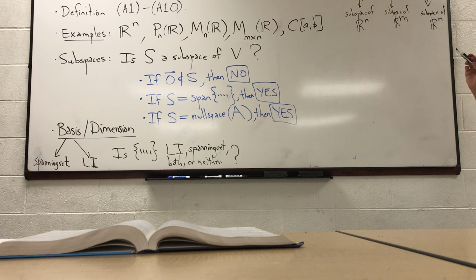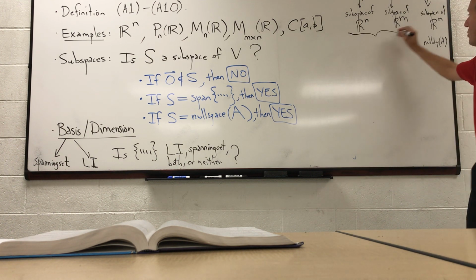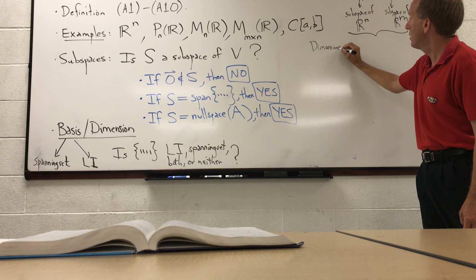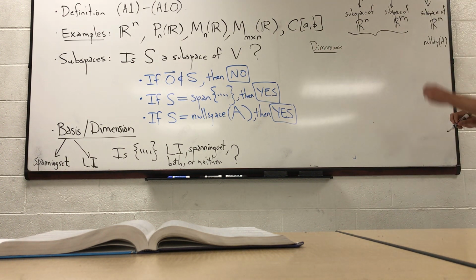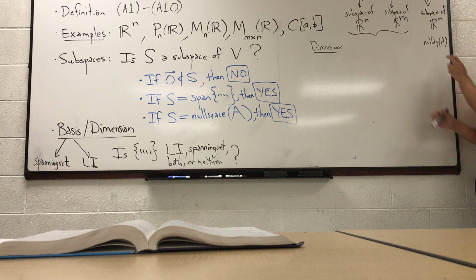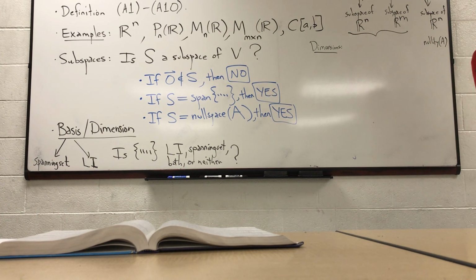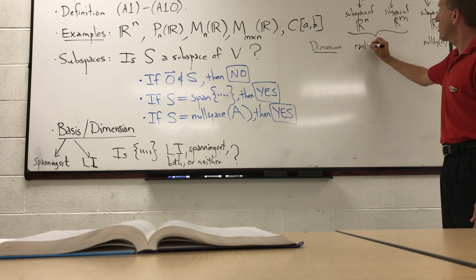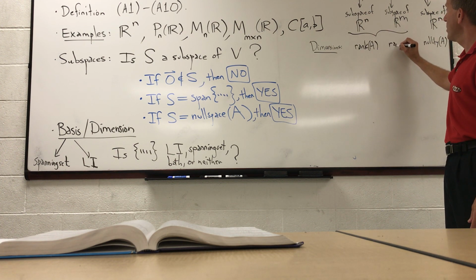One thing that's a little bit strange is that the dimension of the null space is called the nullity. So these are the dimensions. The number of pivots is the dimension of the row space, which is the rank, and it's also the dimension of the column space.